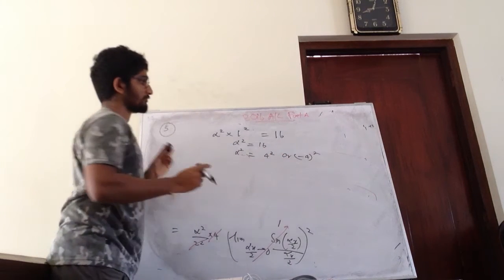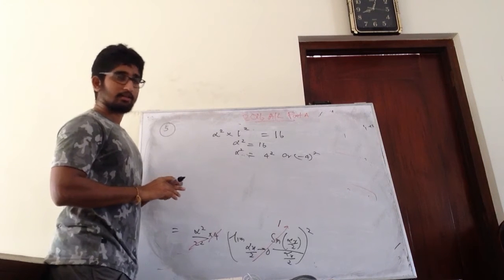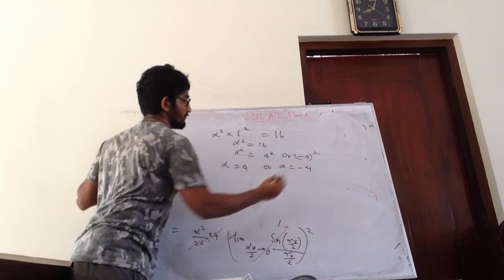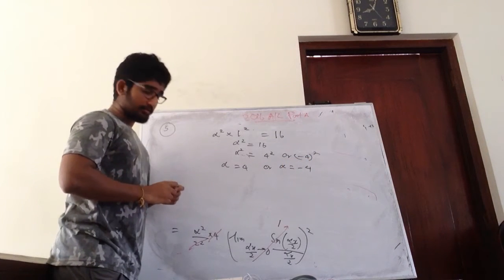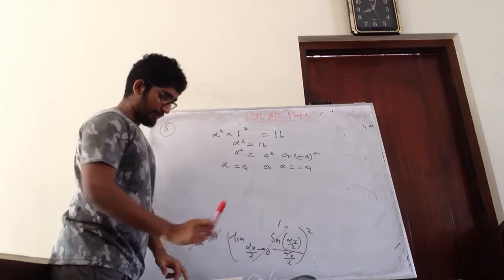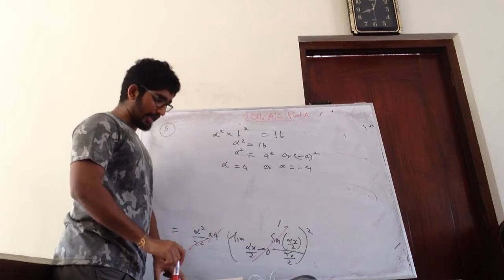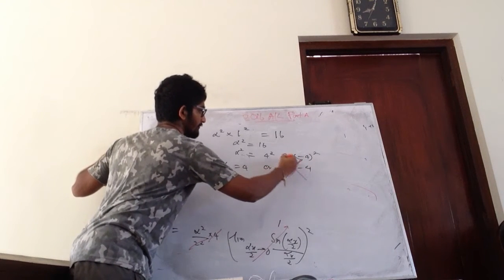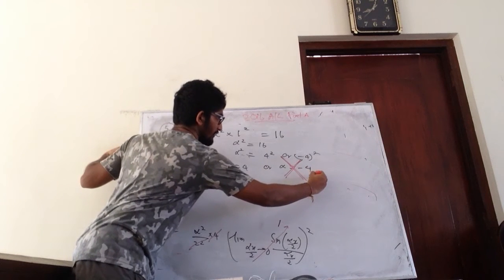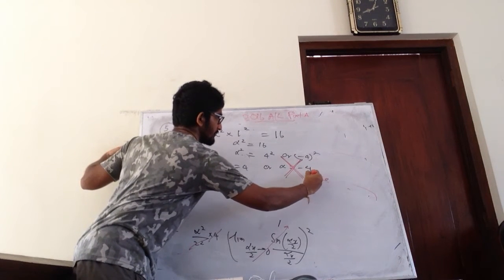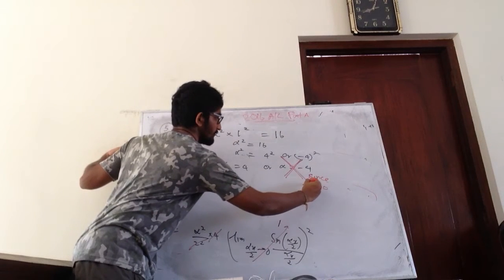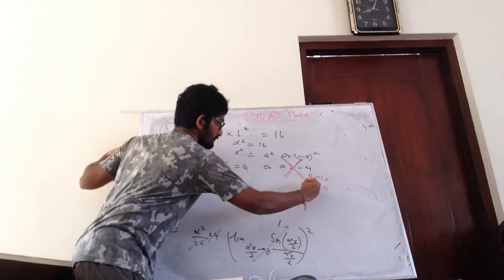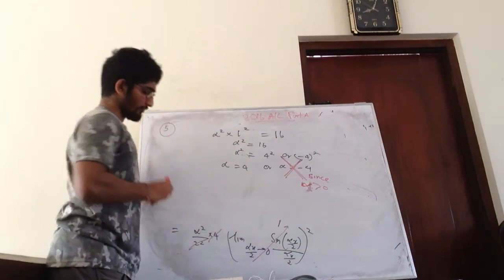Correct? But the question says that alpha is greater than 0, right? So this will be rejected, since alpha is greater than 0. So the answer is this.